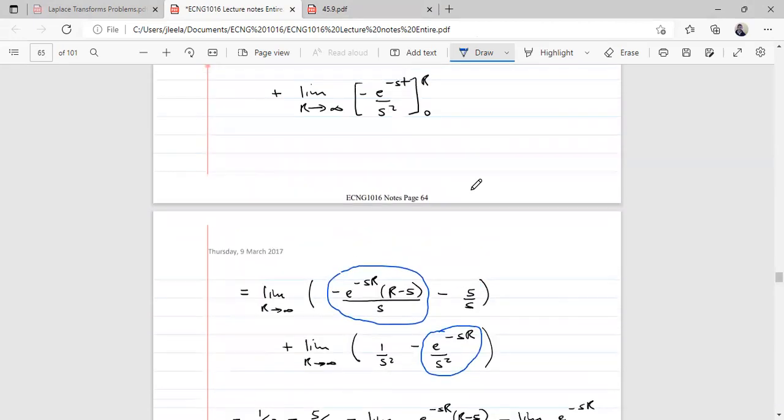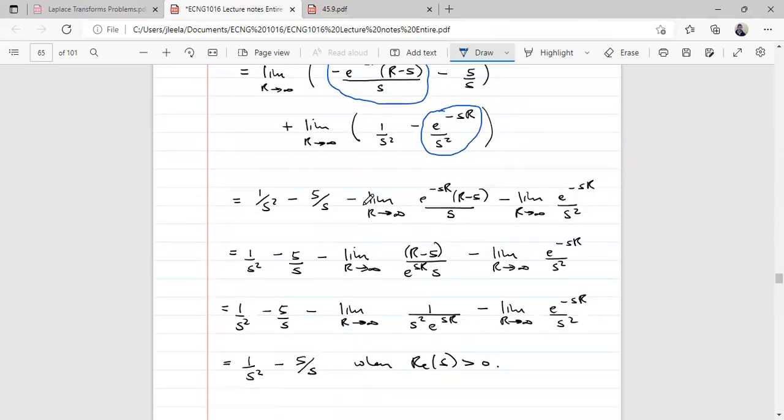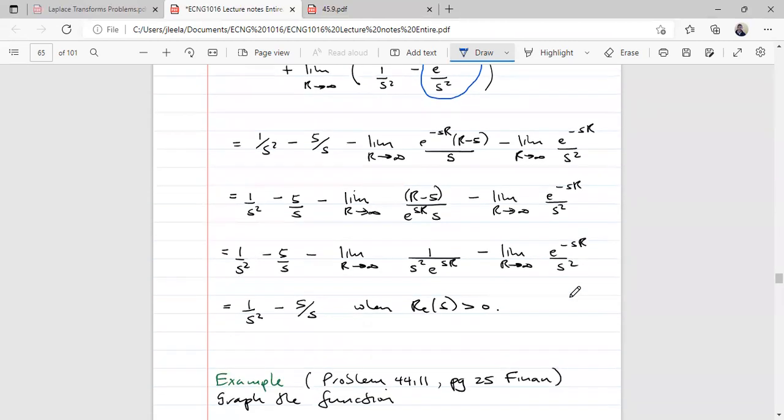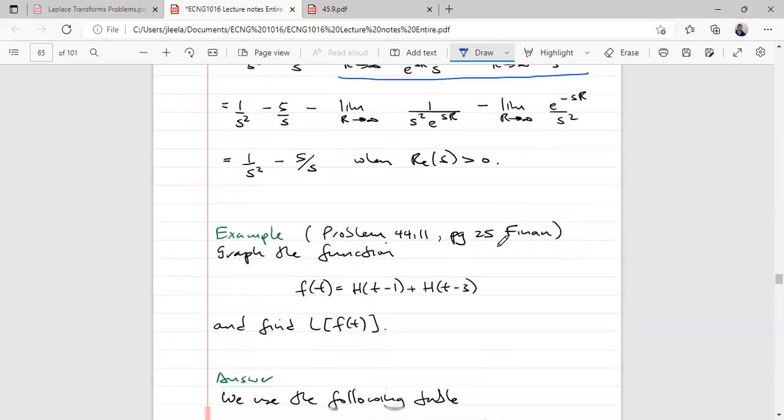I said 5 over 5 earlier, but sorry, it's 5 over s. And then you have the two terms here, including the limit. You put the e to the minus sr at the bottom, similarly here. So these two parts here will approach 0. So you'll get 1 over s squared minus 5 over s when real s is greater than 0.